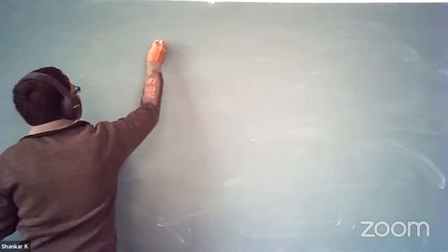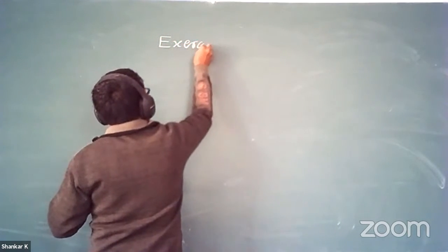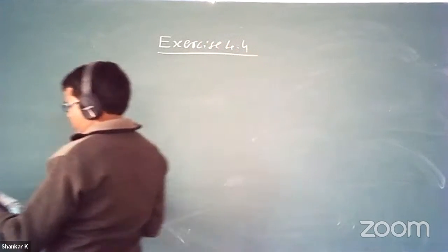Exercise 4.4. Question number 1. Determine which of the following polynomials has x plus 1 as a factor.